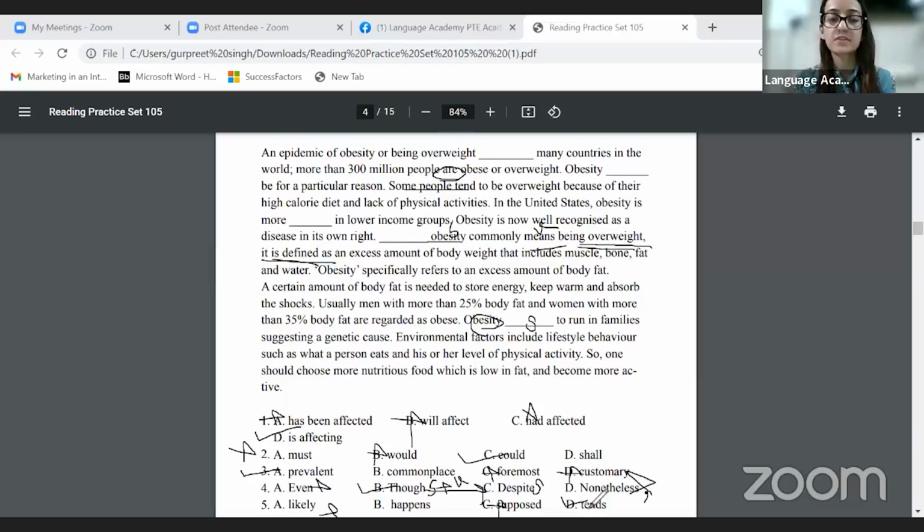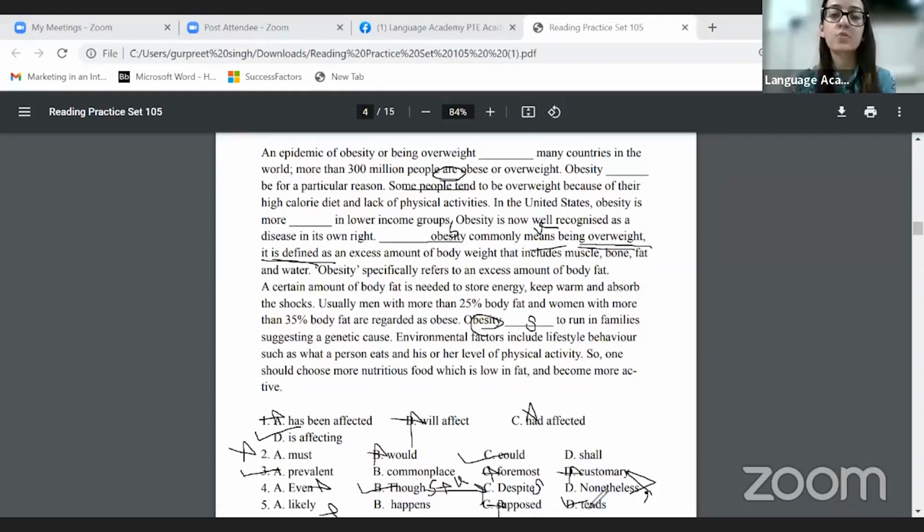Right, so these are the answers. The first one was a test of active voice and passive voice. Second one, your understanding of the sentence, that they are talking about just possibilities. The third one, prevalent, you should be knowing the meaning. Widespread, it is more common. And difference between though and despite. Despite comes when you have only subject or noun, and though comes when you have both subject plus verb or noun plus verb.